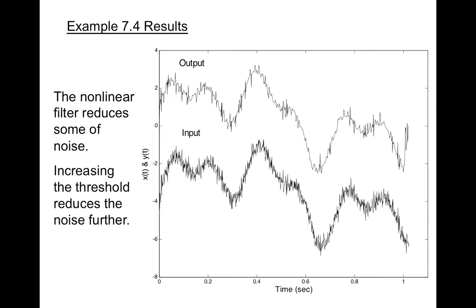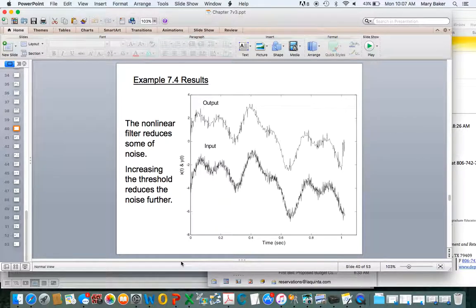Or maybe you're trying to extract from one of the wavelet coefficients itself some feature within the signal. So either one of those would be reason that you might want to play around with the threshold value and look at what happens when you eliminate certain coefficients.